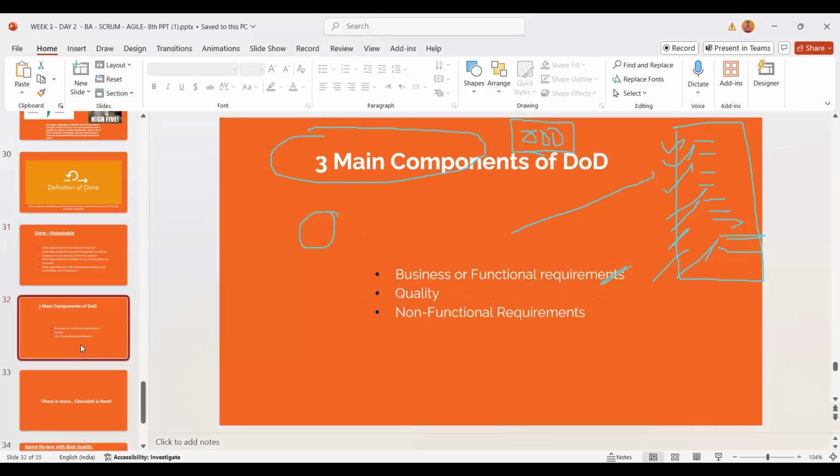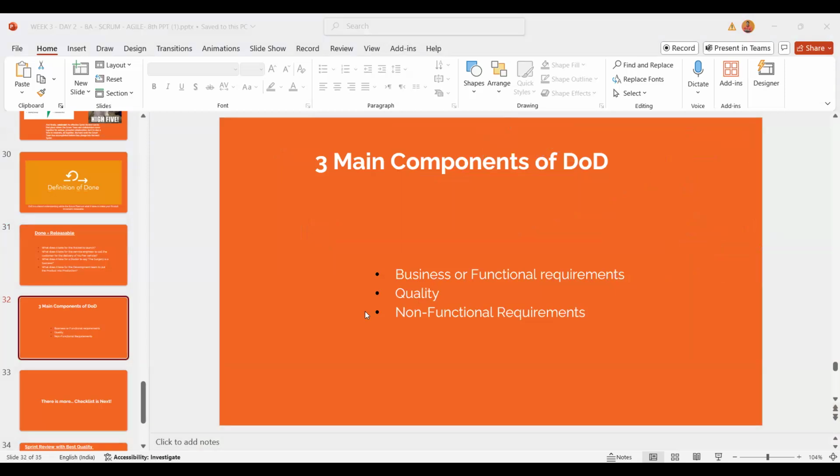The very first one says the functional requirement has to be implemented. The quality should be error free, and any non-functional requirement means visibility. When I'm loading or starting the software, it should be visible. It should be user friendly. It should be usable.